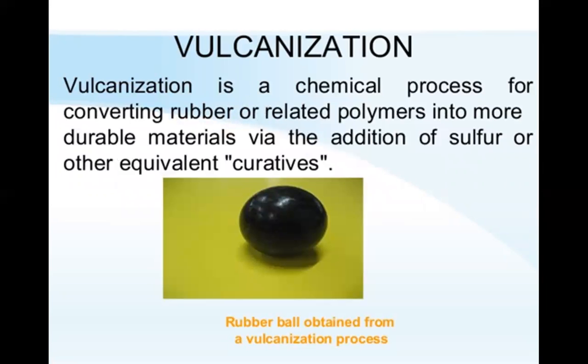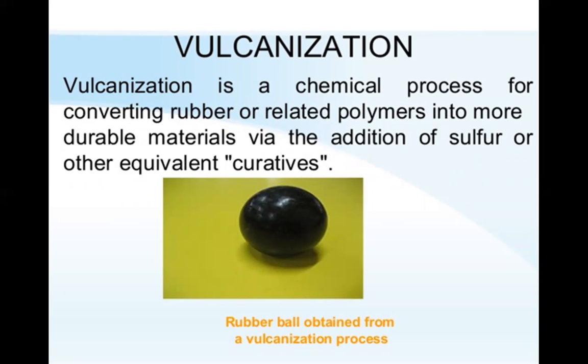Coming to the vulcanization process, what is vulcanization? The natural rubber which is extracted has some disadvantages because of the double bonds existing in the structure.